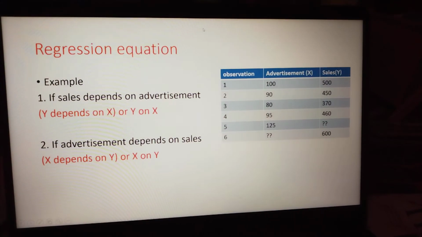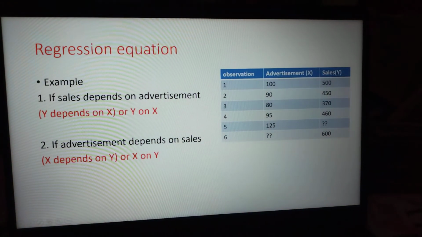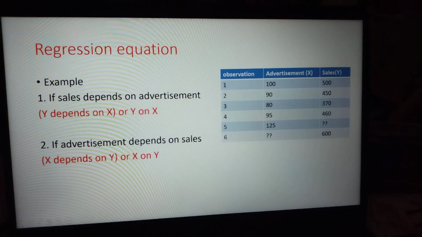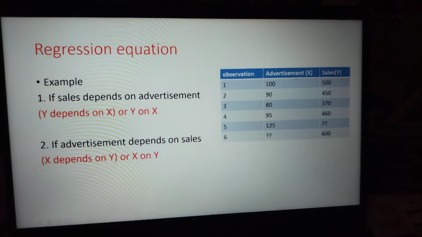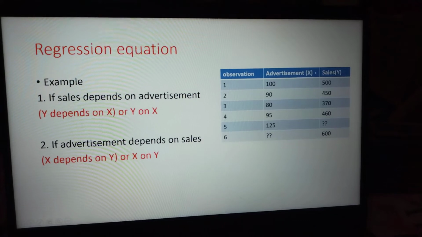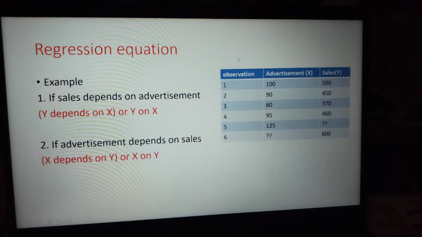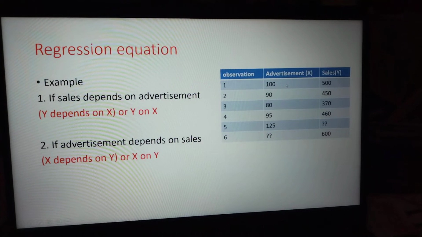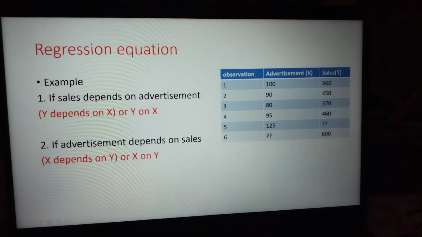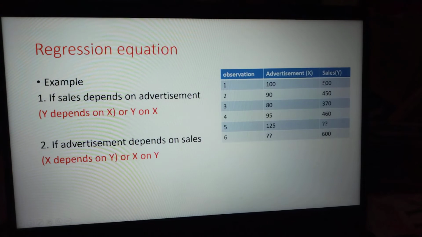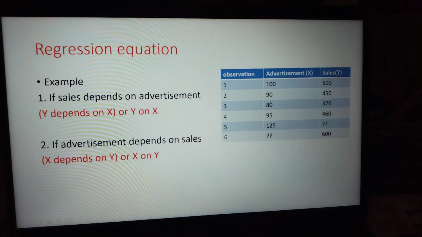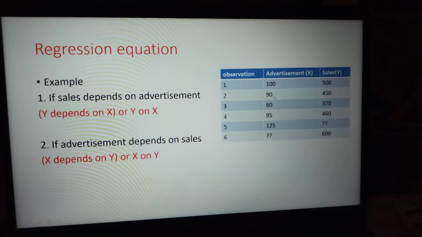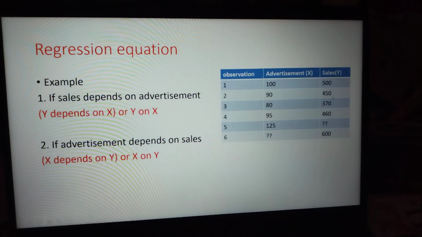So here are 6 observations, and this is data about advertisement and sales. Advertisement is denoted by capital X and sales are denoted by capital Y. So there is a company which invested $100 million in the first year, and it got the benefit in sales of $500 million. In the next year that company invested $90 million and got the benefit of $450.